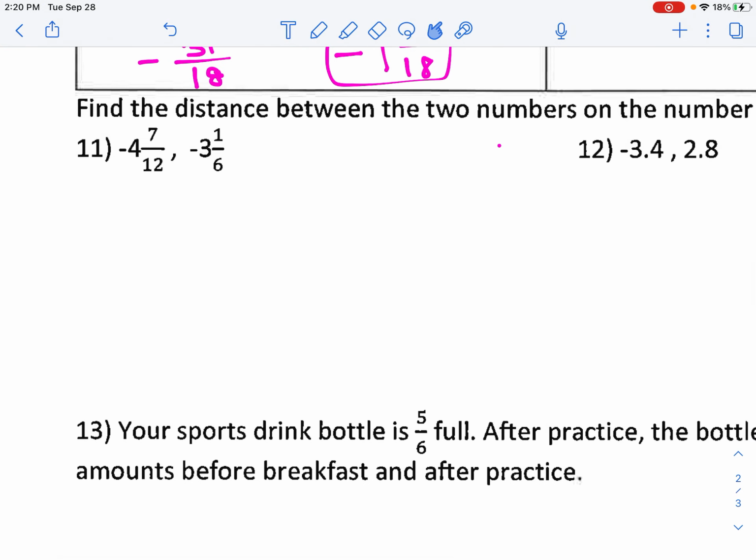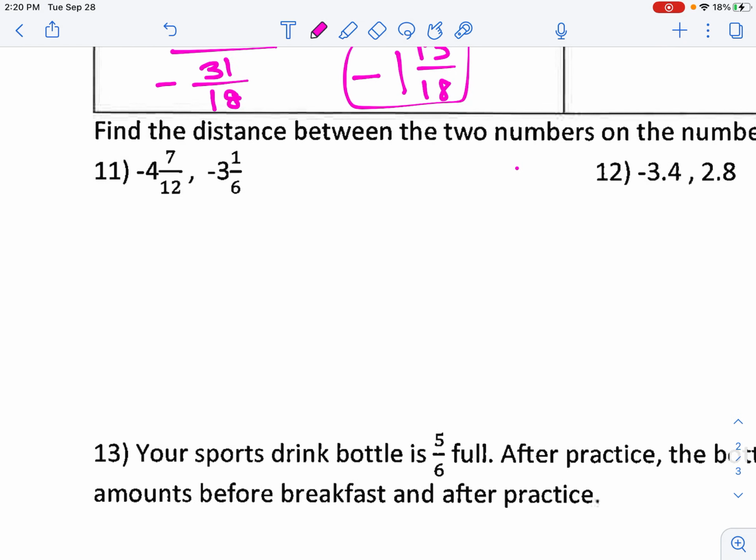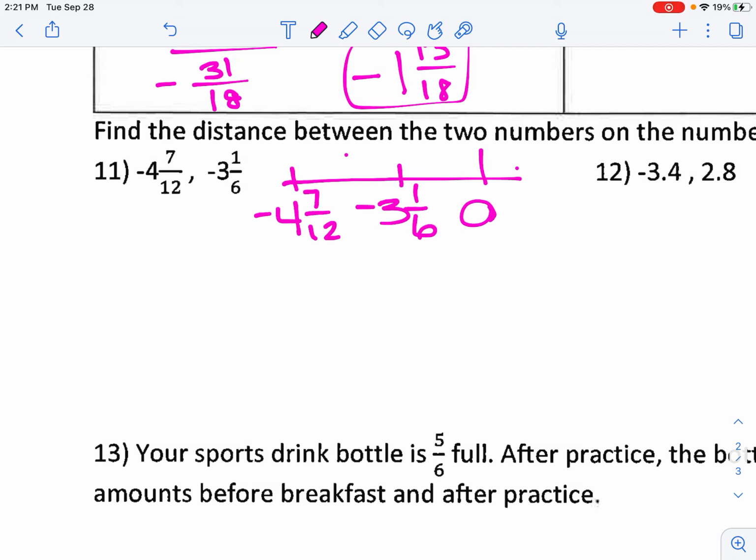Find the distance between the two numbers on the number line. Okay, so on your test, you do not have to draw the number line, but I'm just drawing this for a visual. Remember, as we've talked about, if both of the numbers are on the same side of 0, you're going to subtract. If all I have to do is go from here to here, I'm going to find the difference between those two numbers.